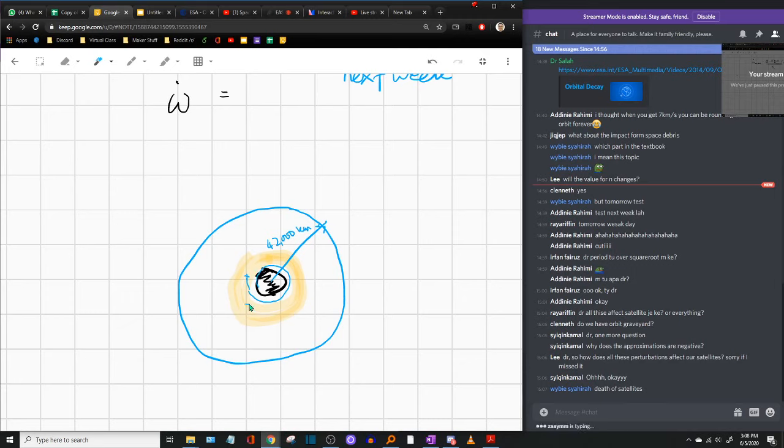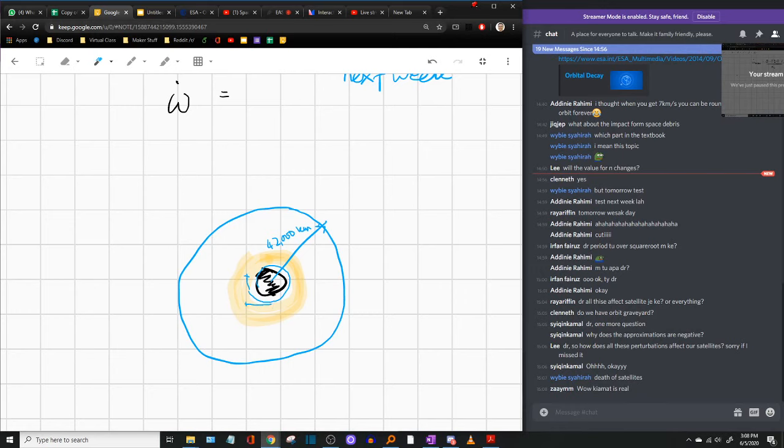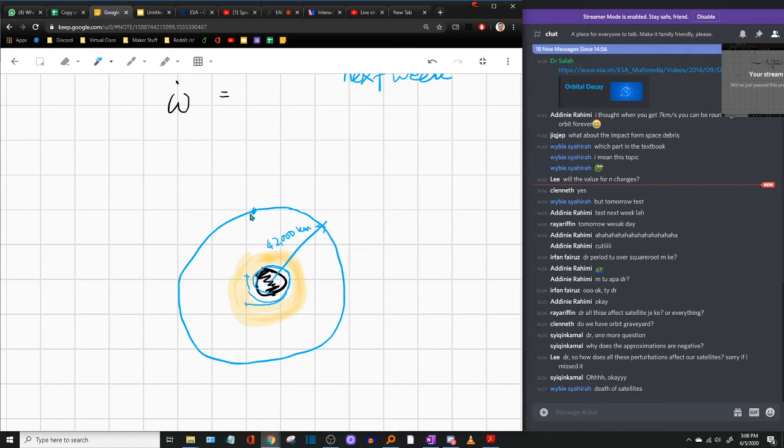So if you're here, then you can still do probably some maneuver. You want to use your rocket to go to a lower orbit, or you want to use some kind of drag sail. You push it a bit and then let the atmospheric drag decay your orbit back to Earth. Now, what if you are here? This is too far to be dragged by atmospheric drag back to Earth.